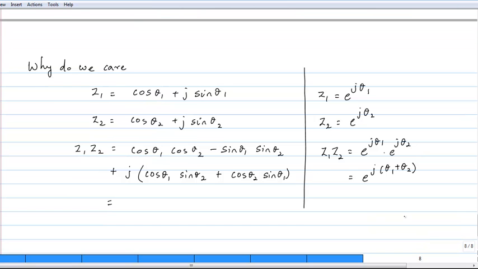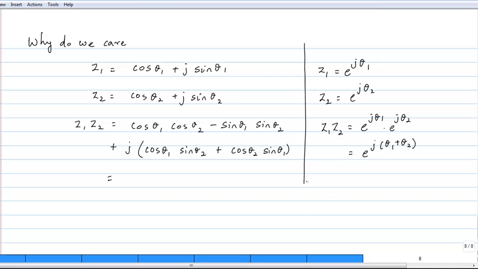Now you can use Euler's formula to convert it back if you want the answer in Cartesian form. Applying Euler's formula again gives a very nice and simple expression: z1 times z2 is cosine of theta 1 plus theta 2, plus j times sine of theta 1 plus theta 2.